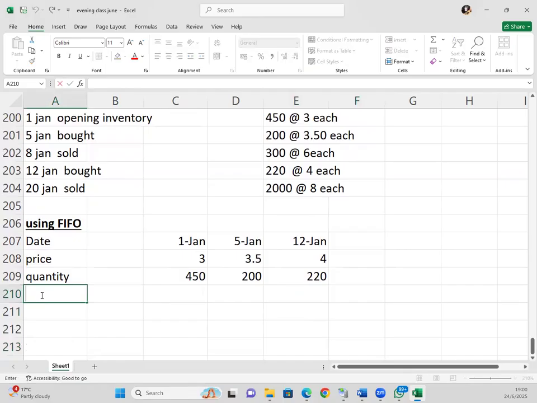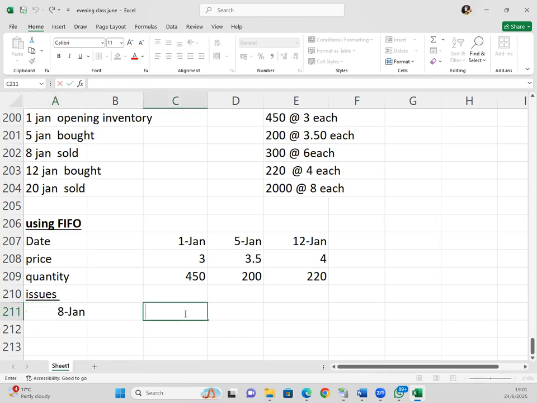So then you start putting the issues here. The issues are the sales we made. The first date of sales is 8 January. Now we are applying the FIFO approach. If we sold 300 units on 8 January, which batch would we subtract from first?